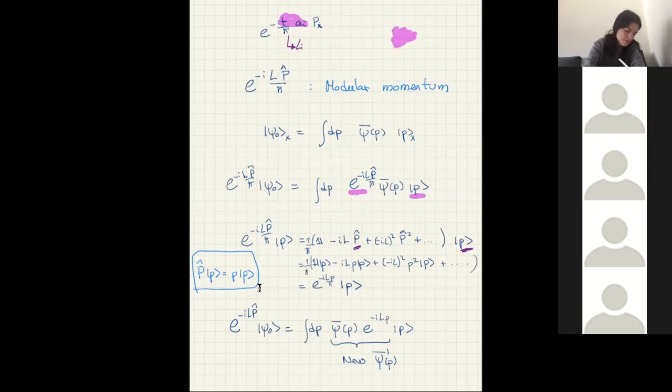Oh, you let me make mistakes. That's not what I meant. This is inside the brackets. Good. So we'll just put it everywhere there.